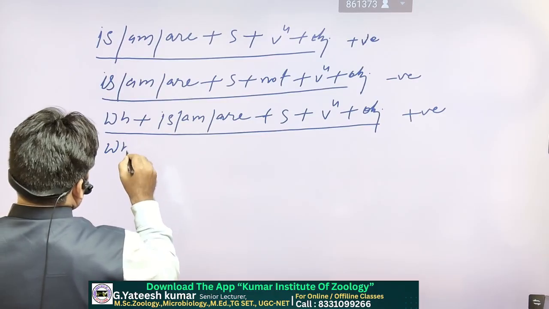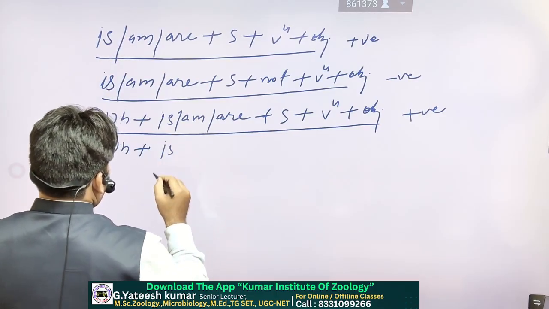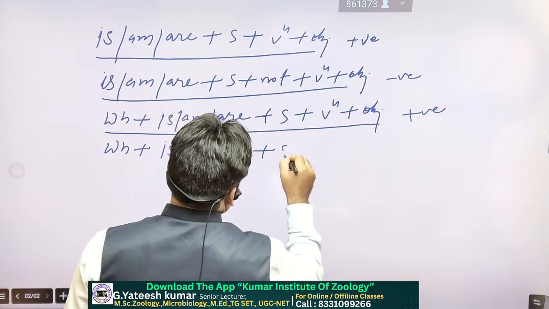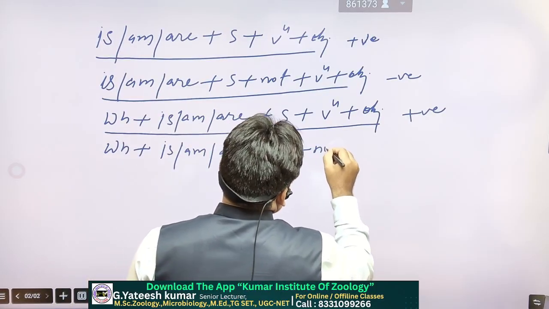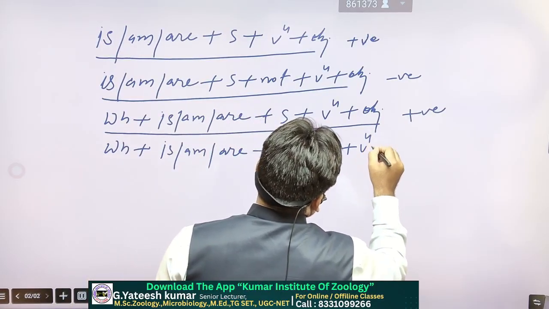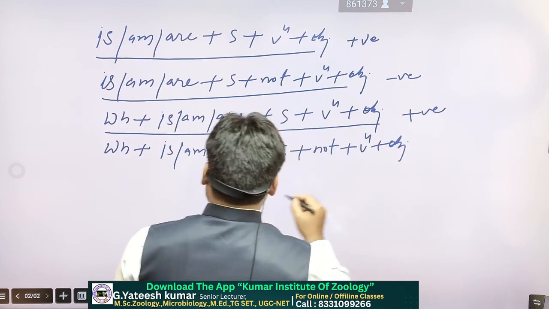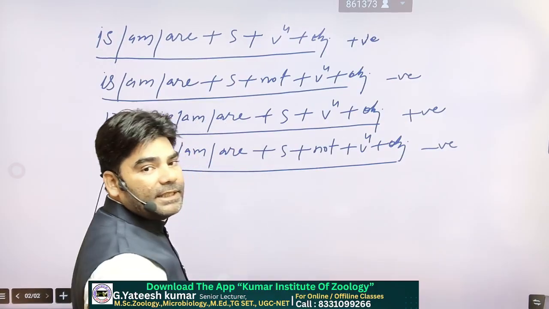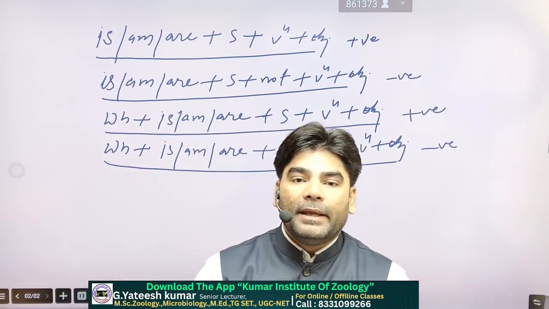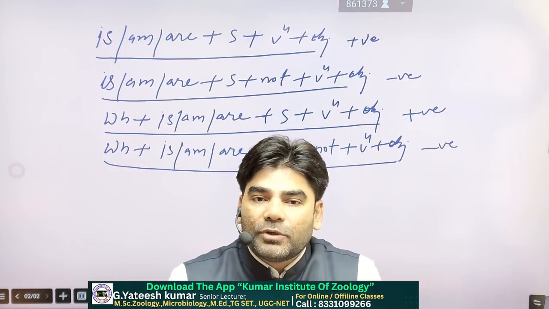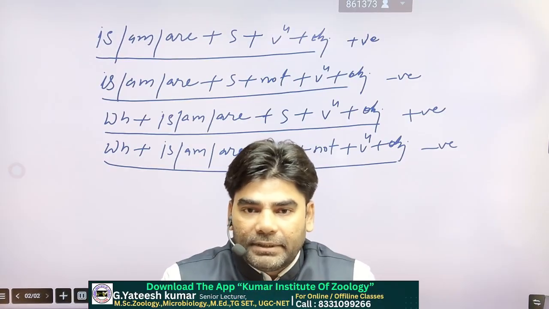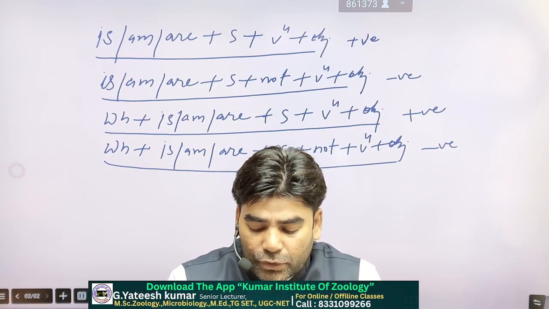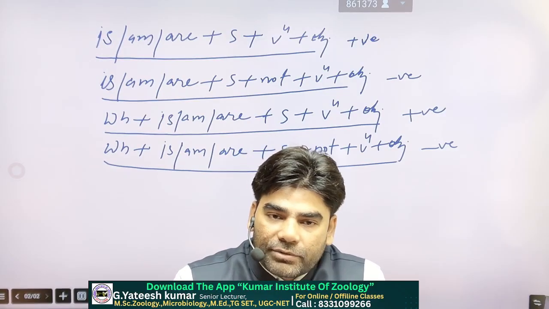Then we have WH questions negative: WH, is/am/are as per subject, not, ing form and object. So finally, total 6 structures: affirmative positive, affirmative negative, interrogative means yes no type questions positive and yes no type questions negative, then WH questions positive and WH questions negative. Okay, so each sentence we can make in 6 structures.